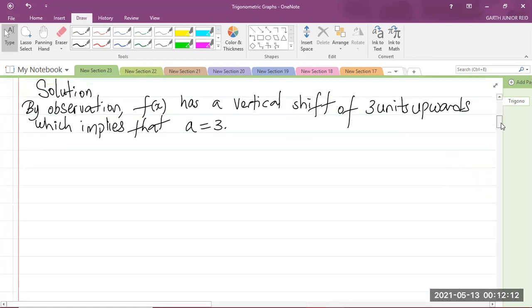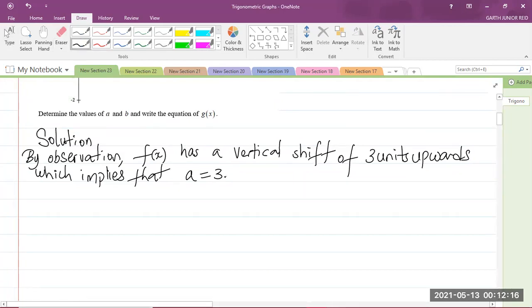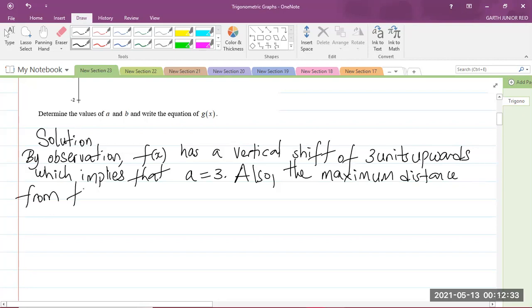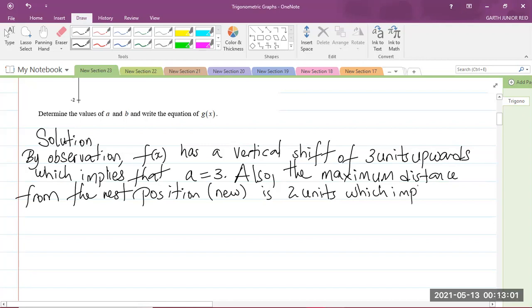So let me write our statement down here. We can see also the maximum distance from the new rest position is 2 units, which implies that the value of b is equal to 2.